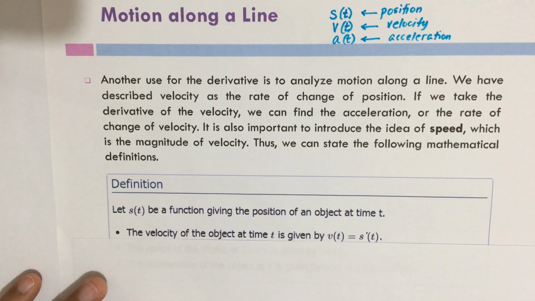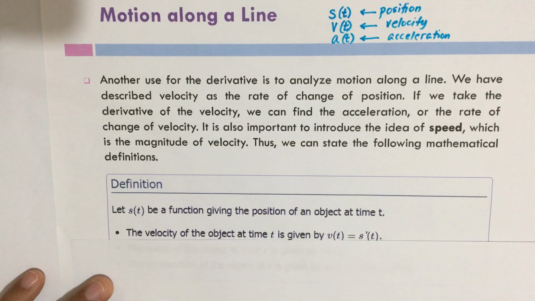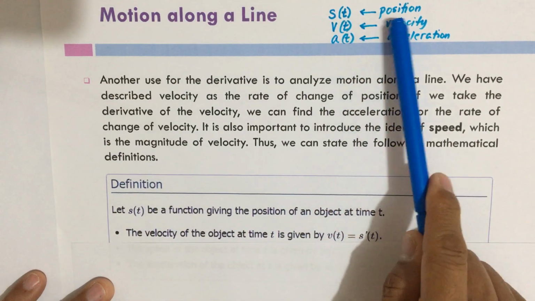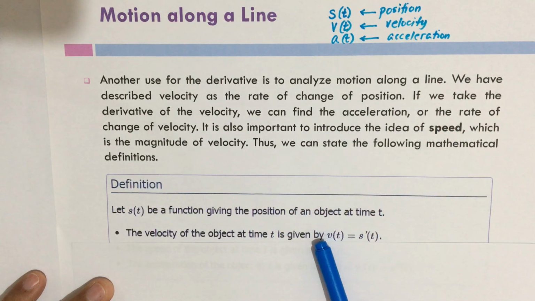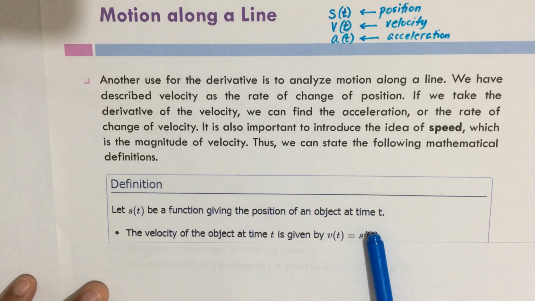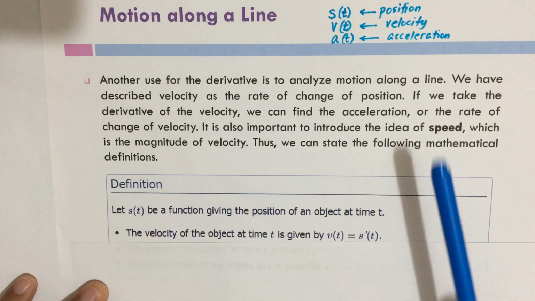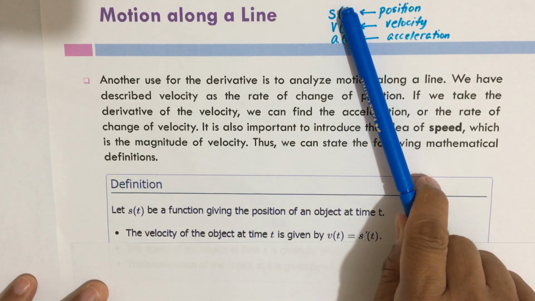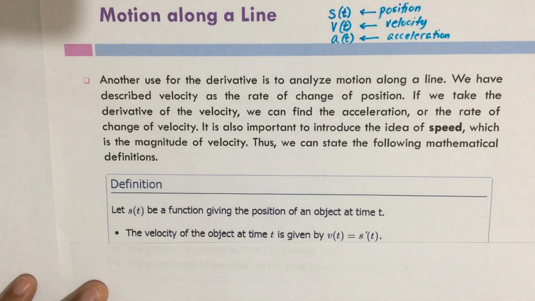And then we have the velocity of the object at time t, which is given by V of t. So V of t is equal to S prime of t. This is just the derivative of S of t, the position function of the object.